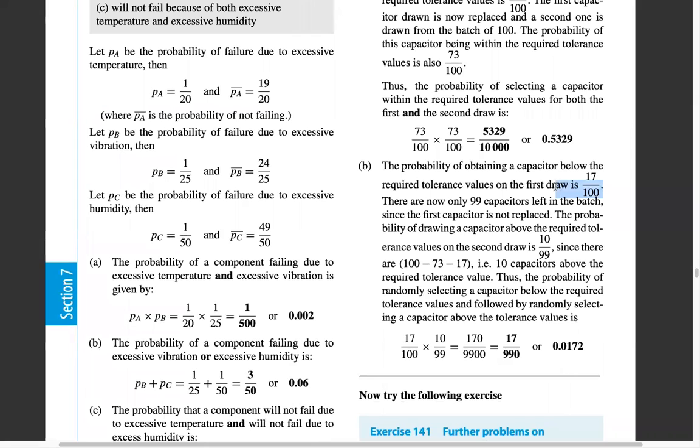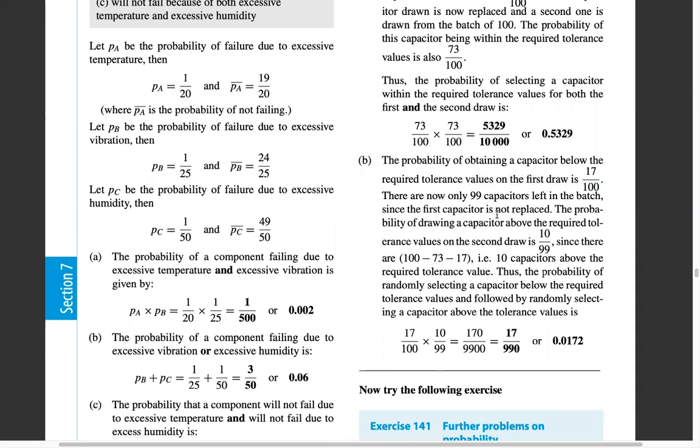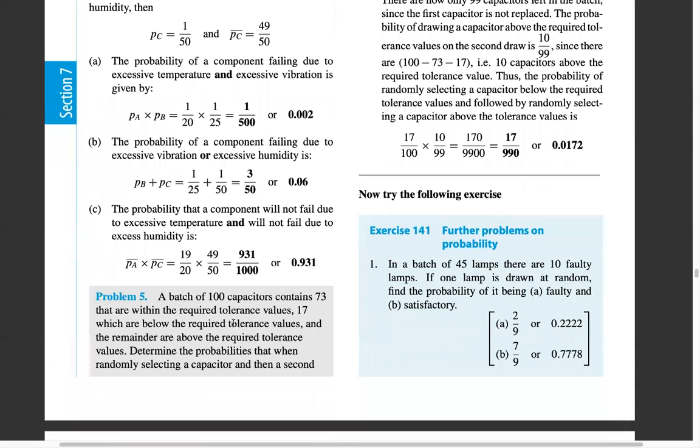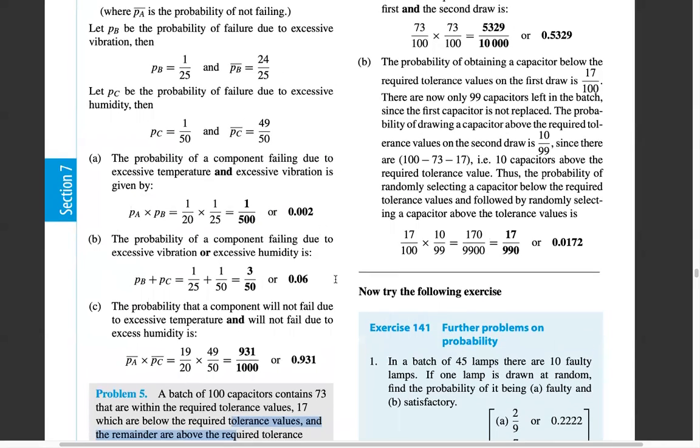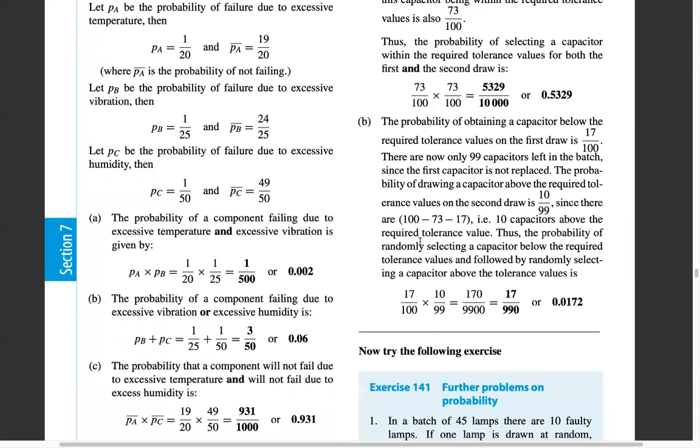Below is 17. And if you didn't replace, now you have 99 capacitors. So above the required threshold, we have 10 above, that is the remainder there. And now you have 99 capacitors. So it's still multiplying, but you're multiplying 10 over 99, not over 100, because the bag of capacitors is missing a capacitor now.